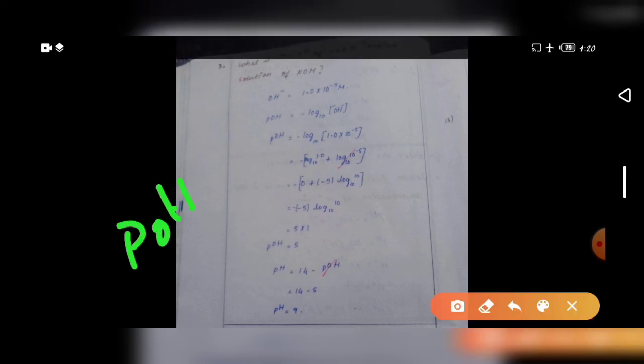Write the hydroxyl ion equal to 1.0 into 10 power minus 5 M. pOH is equal to minus log of OH minus ion concentration. Again it is split in the a power m into n format, and from that you identify the pOH first. Next, pH equal to 14 minus pOH. The pOH value is 5, so 14 minus 5 is equal to 9. That's all for this sum.